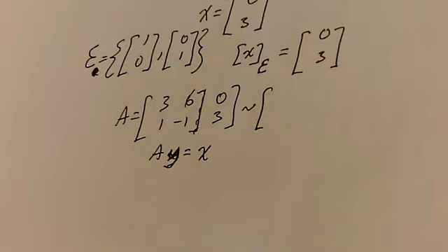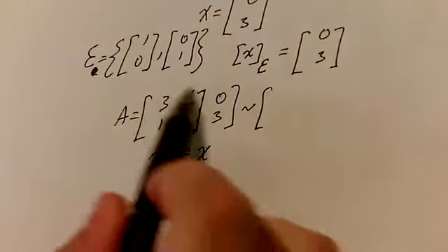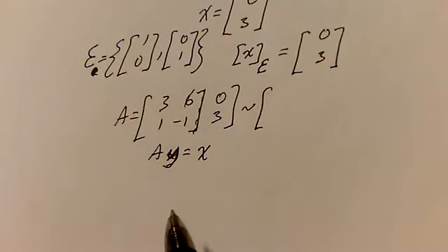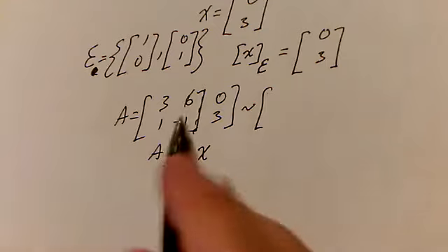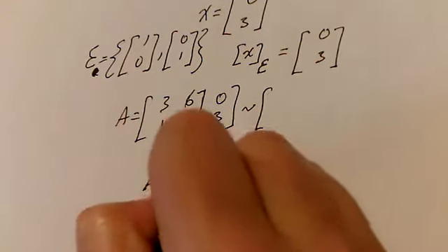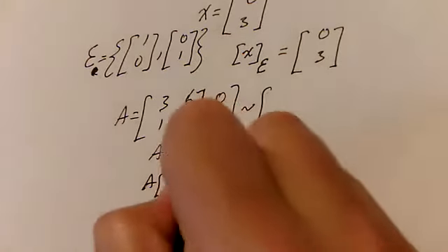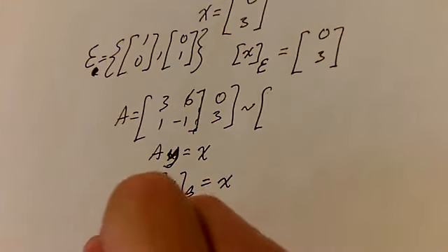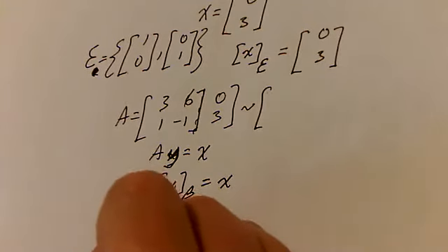So this matrix, if I multiply it by my unknown y vector here, that unknown y vector was the coordinate vector. So let's use the coordinate vector in place of it. I should get x. So my matrix A here is called the change of basis matrix.